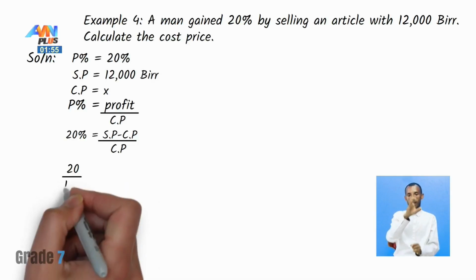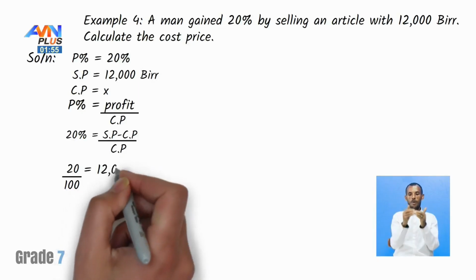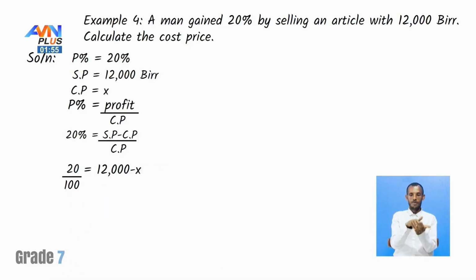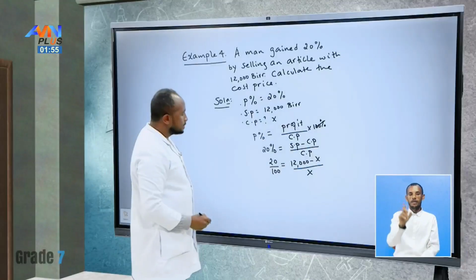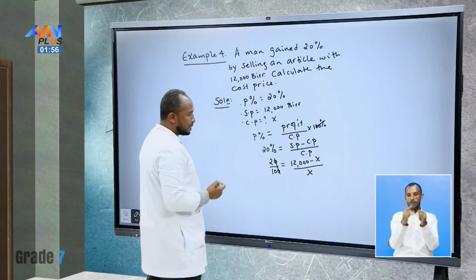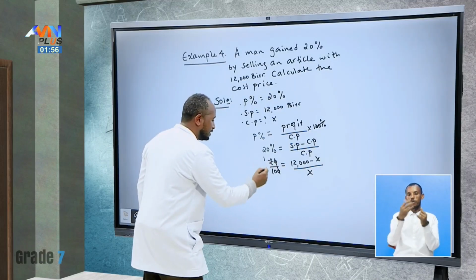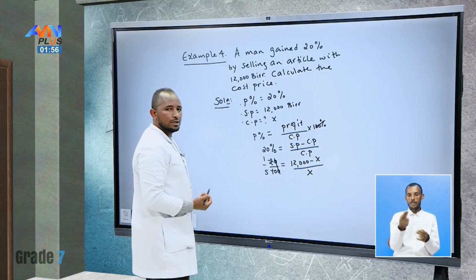This will be equal to selling price, this 12,000, minus the cost price we don't know, divided by cost price. So let's simplify this expression. You can cancel 0 by 0, this by 2 is 1, this by 2 is 5. And then let's apply cross multiplication.